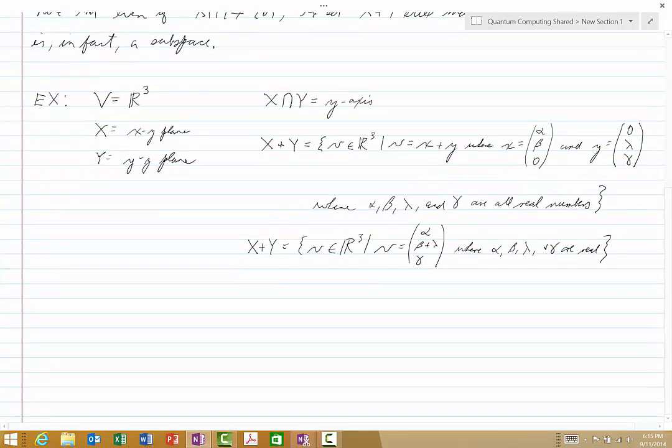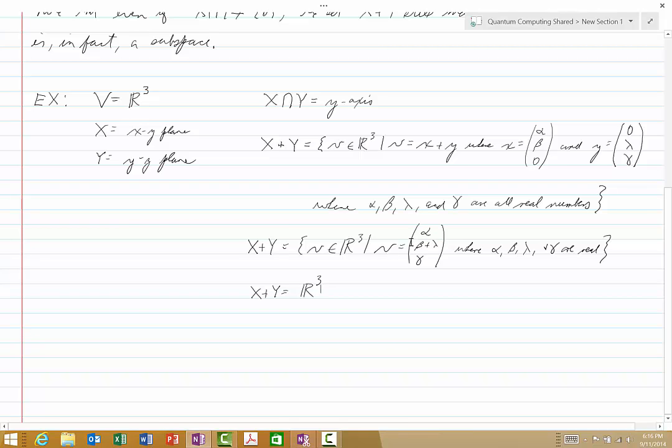But then if we look at that a little more closely, that's simply all of R3. Keep in mind that if beta is real and lambda is real, then beta plus lambda is real.